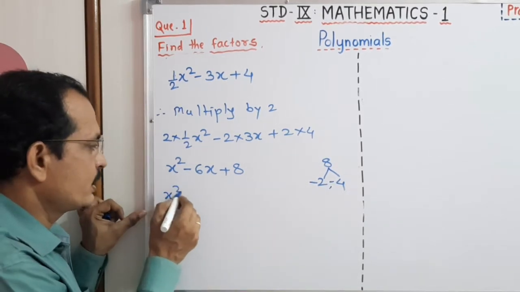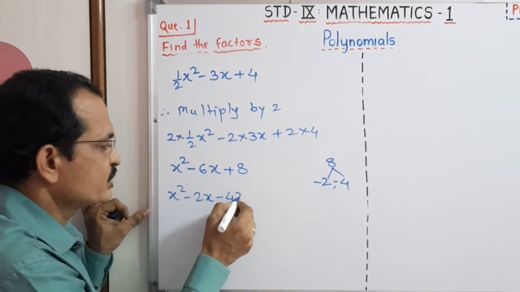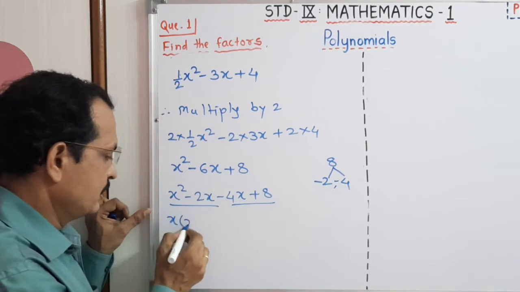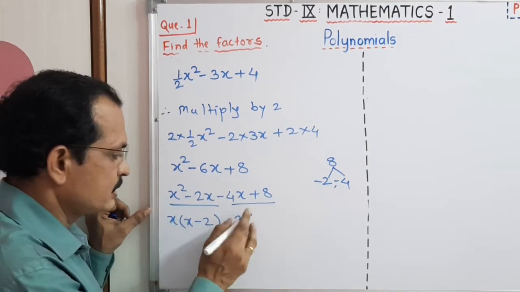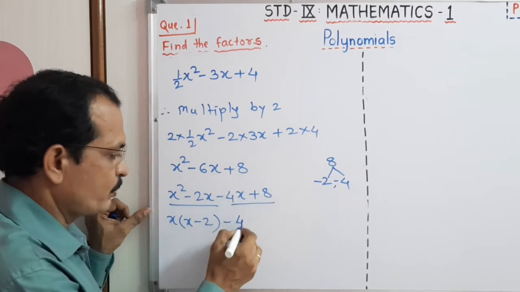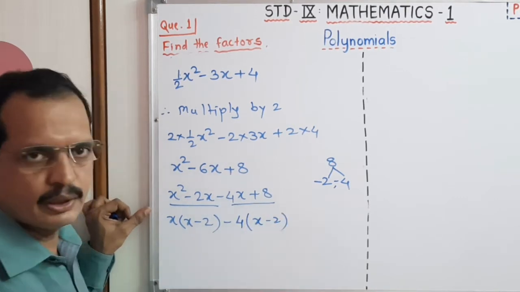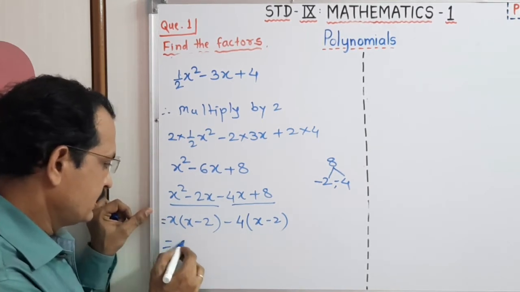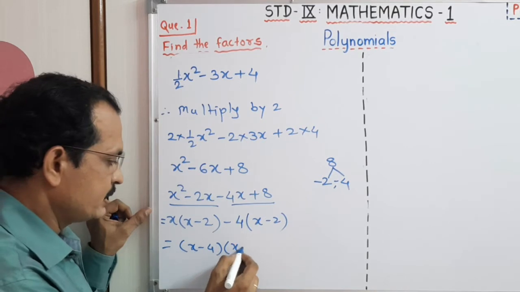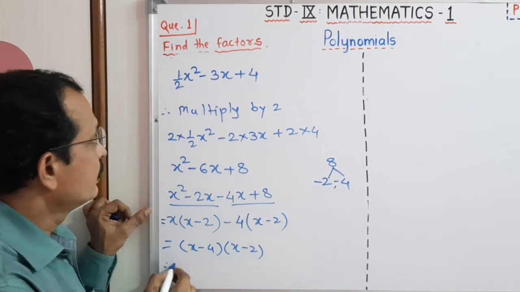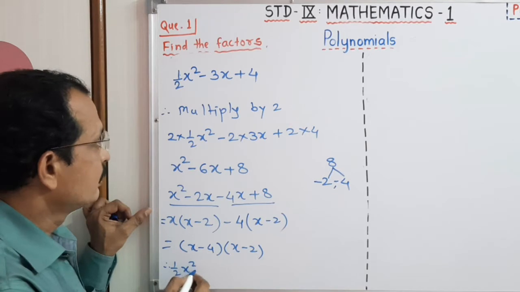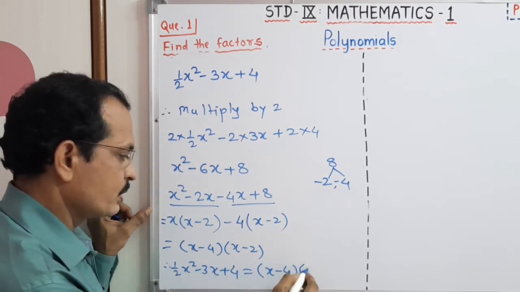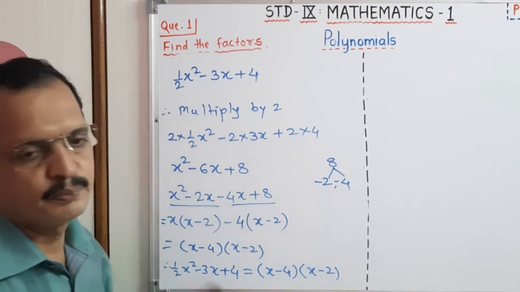Here it is x square minus 2x minus 4x plus 8. x minus 2 and minus 4 common, therefore x minus 4 into x minus 2. Any doubt? Very simple. Therefore 1 upon 2 x square minus 3x plus 4 is equal to x minus 4 into x minus 2.